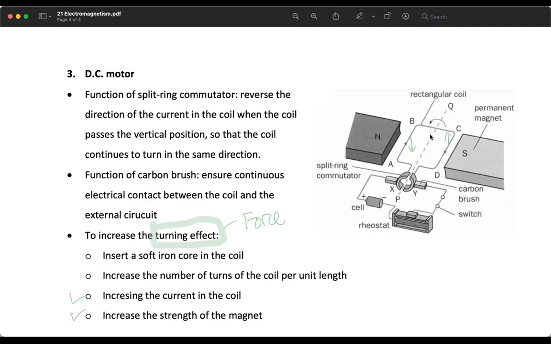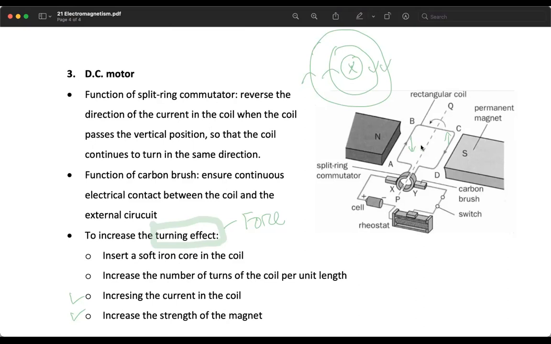Because one wire will produce maybe less magnetic field. You have a lot of wire, it's just like increasing the current. Am I right to say that? The effect will be much stronger. Clear so far? Okay, so you all understand the whole idea already?